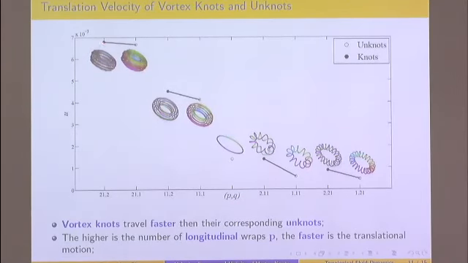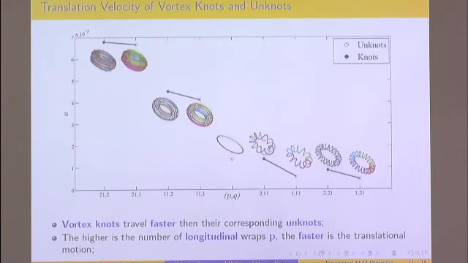And we compare the velocity of a knotted configuration with respect to the corresponding unknotted one. For instance, this one corresponds to the knot (2,1), and this one corresponds to the velocity of the unknot (2,1), which means that it is topologically equivalent to the circle. The same holds for smaller values of longitudinal or meridional wraps.